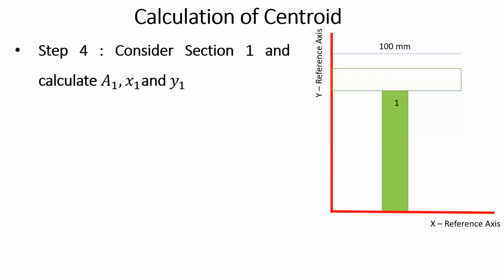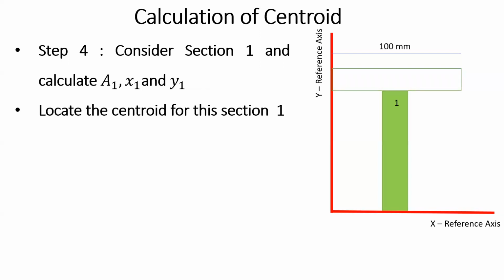To begin with, I'm going to consider only section 1 and find out the area A1, X1 and Y1. First we locate the centroid of section 1, as indicated by the blue X mark. The area for section 1 can be taken from the dimensions of 200 mm into 10 mm, which will be 2000.